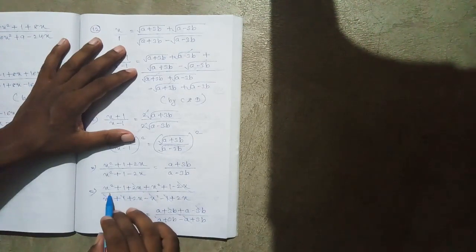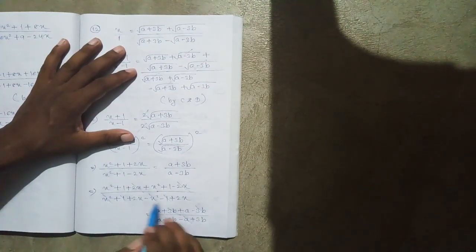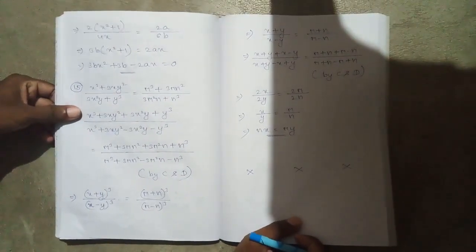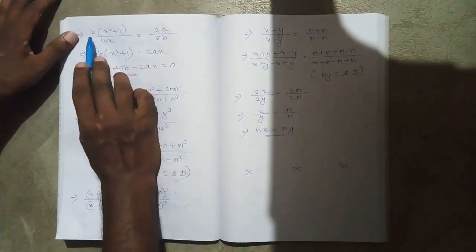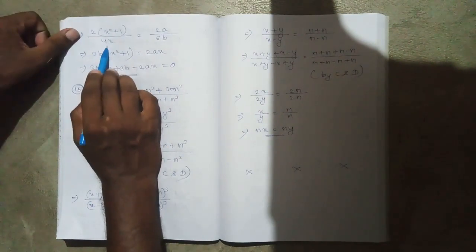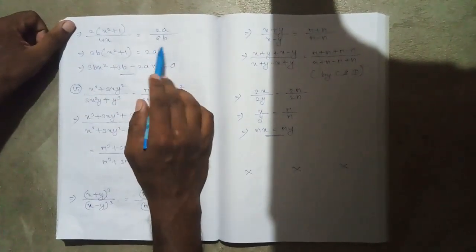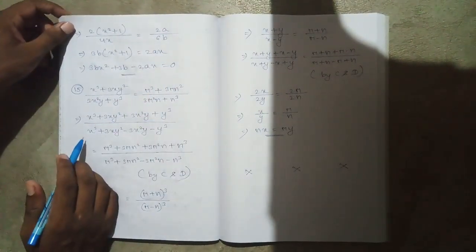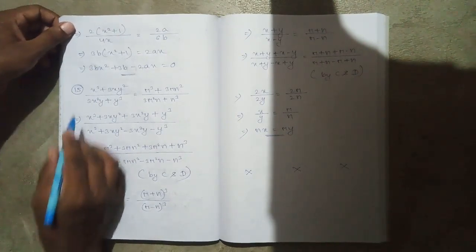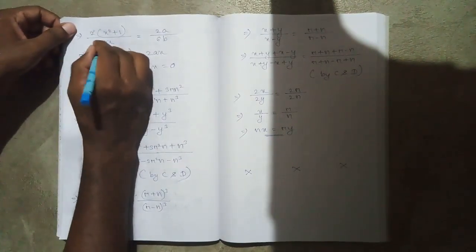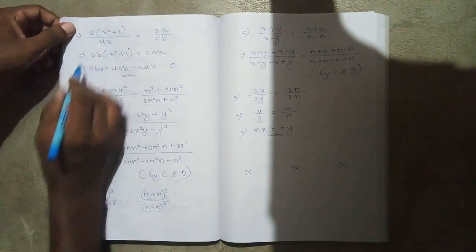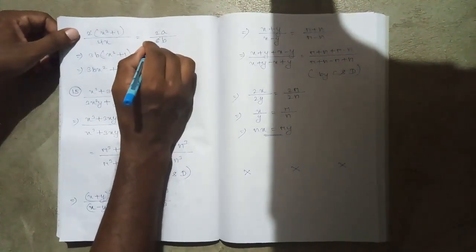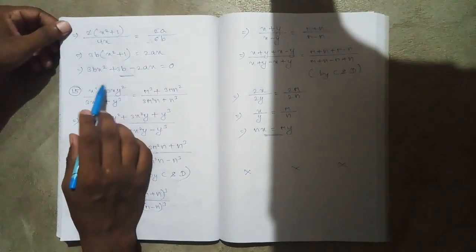So we will get 2(x²+1)/4x is equal to 2a/6b. Now we can cancel: 2 twos are 4, then 2 threes are 6.